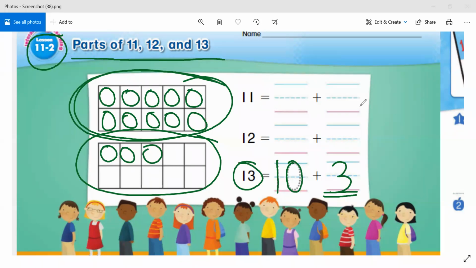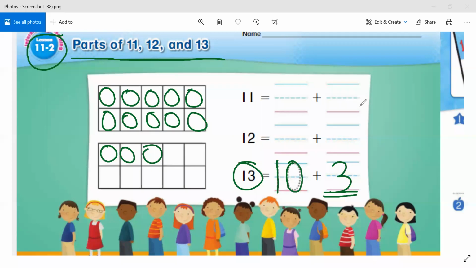Let's erase these. Okay, so we have 10 in our first 10 frame. We know that's 10, so we start at 10, 11, 12, and 13.